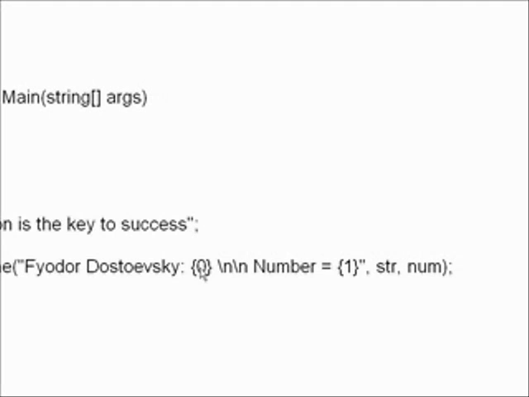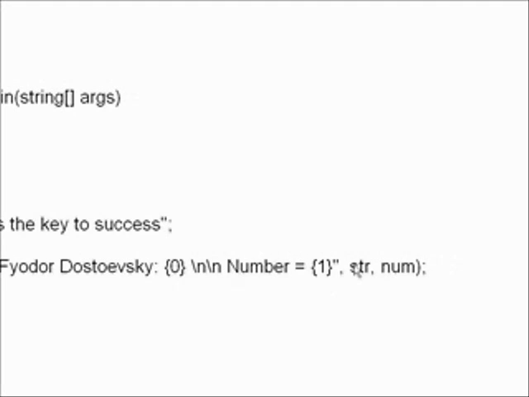And this is zero based. So left brace 0, right brace refers to the variable in the first position after the string, and left brace 1, right brace, refers to the variable in the second position after the string.